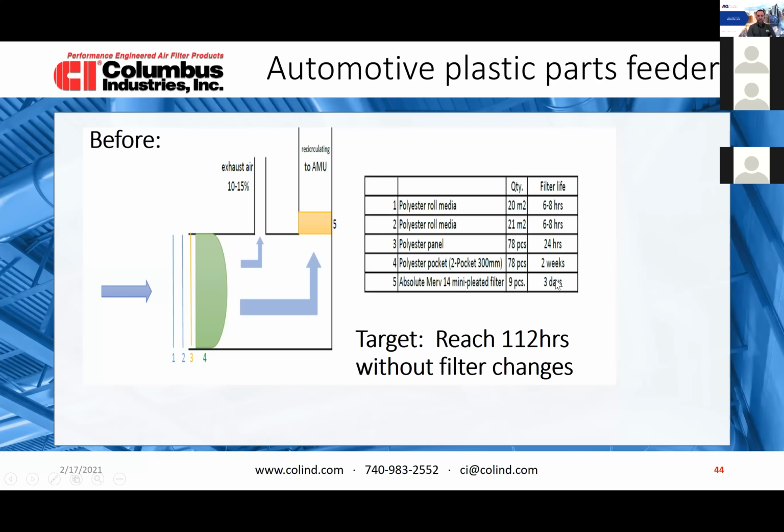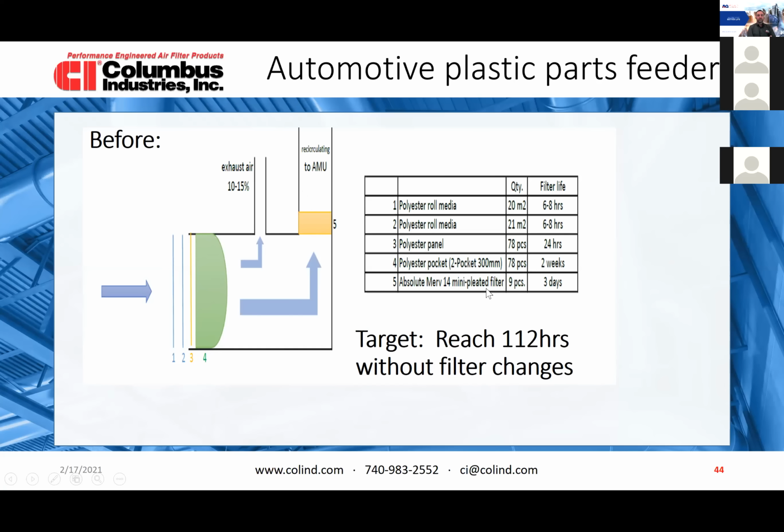But here's the issue. When they went more efficient on the pocket, they could not run, because it was more efficient, higher resistance, and then the mini pleat up here was just too much for the system to handle.